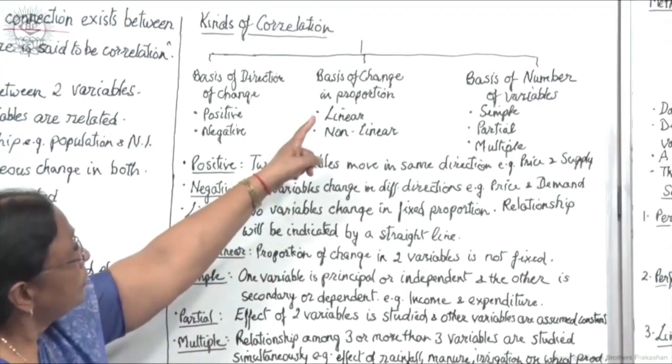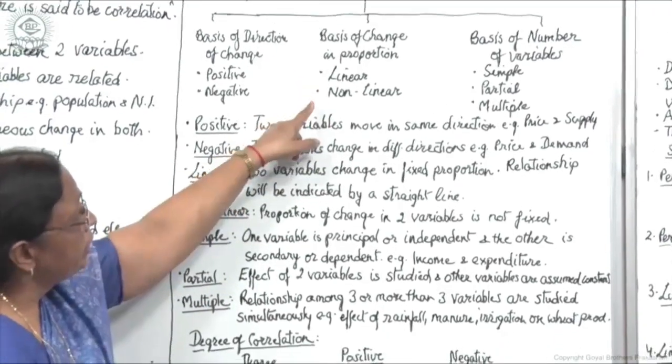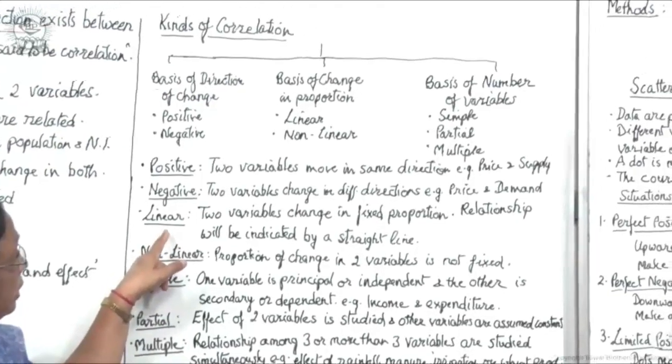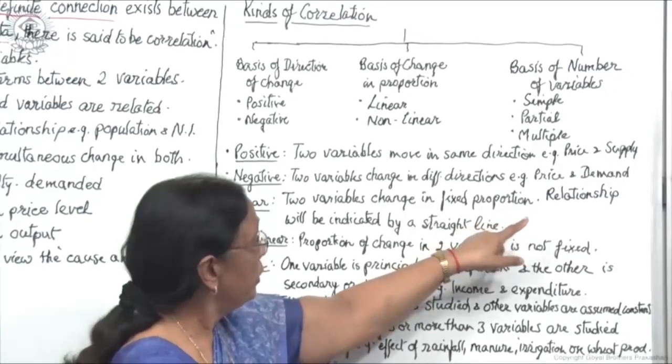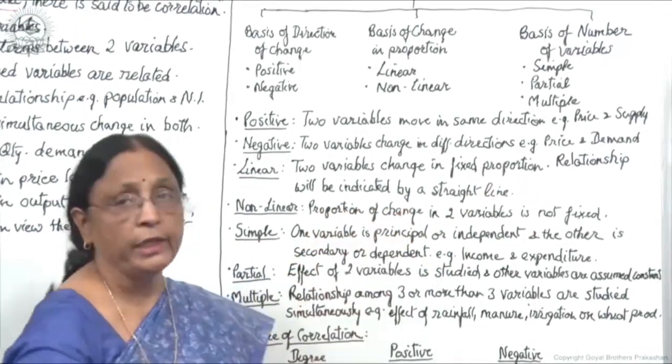Then on the basis of change in proportion we have linear and non-linear. What is linear? Two variables change in a fixed proportion. The relationship will be indicated by a straight line.